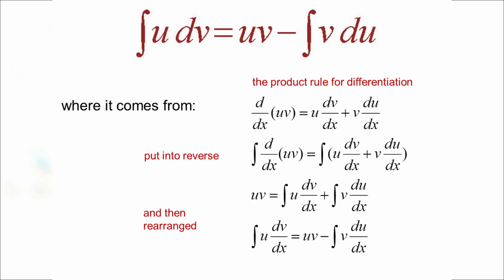That's why we have the integral of u dv is equal to uv minus the integral of v du. Now let's use this formula to solve some problems. When choosing u, it should be the function that becomes simpler when differentiated, and dv be the function that can be easily integrated.